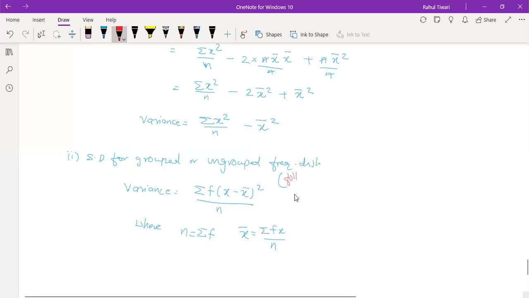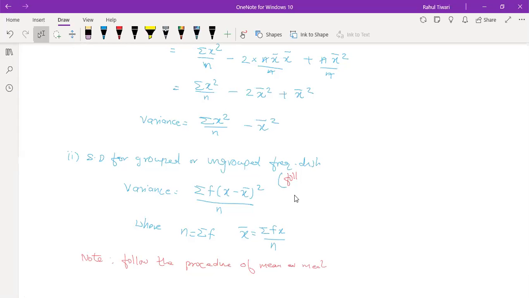So note: follow the procedure of mean or median for grouped and ungrouped frequency distribution.